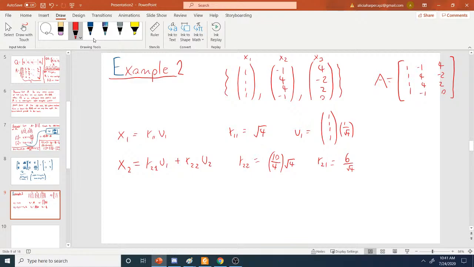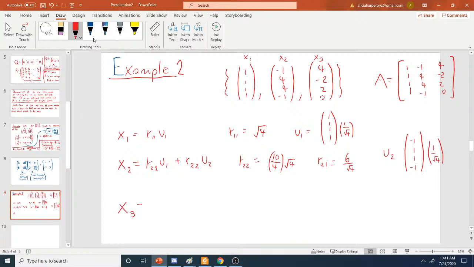And u2 was equal to the vector negative 1, 1, 1, negative 1 times 1 over the square root of 4.